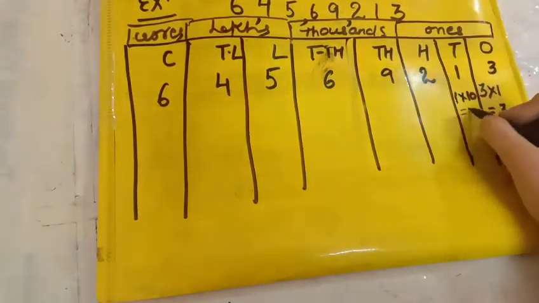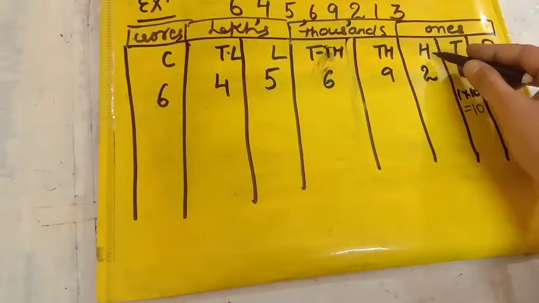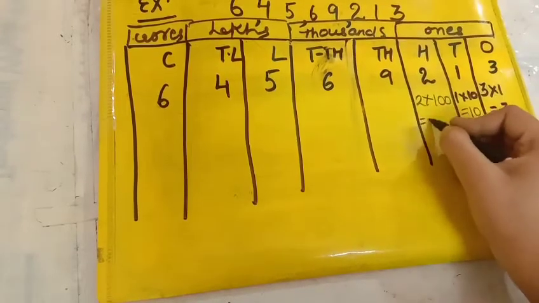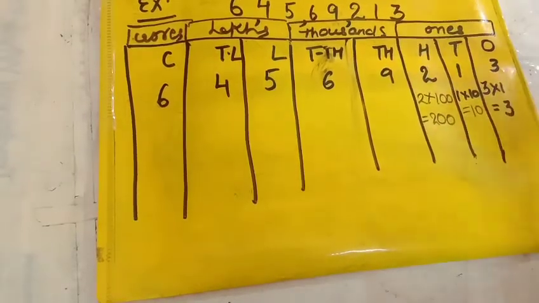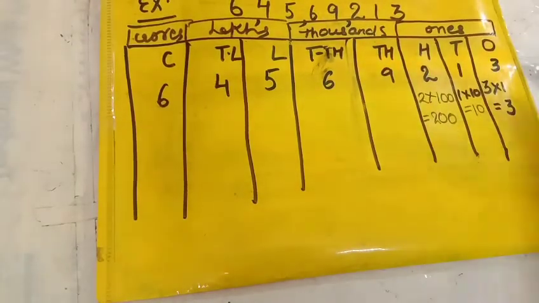So 1 into 10 is 10. 2 100 column में है, so 2 multiply 100, that is 200.